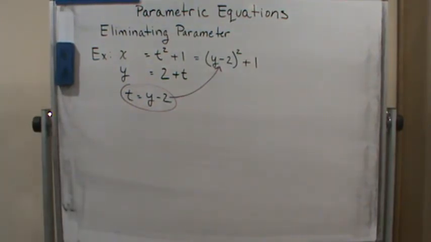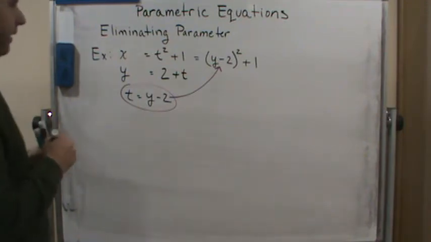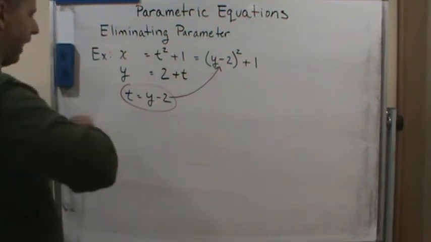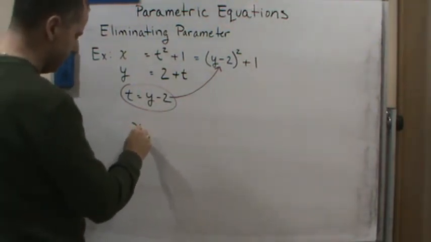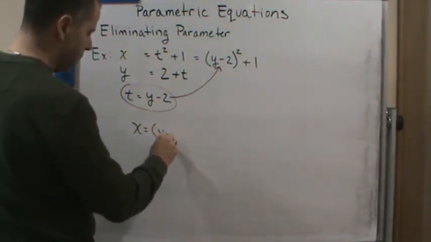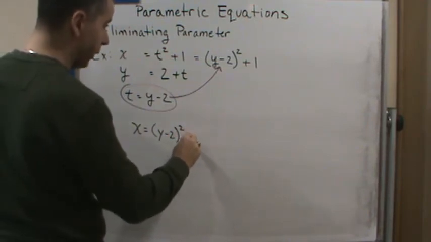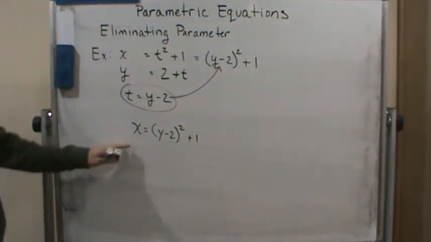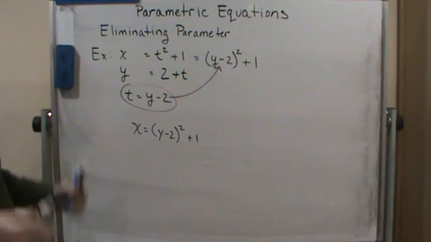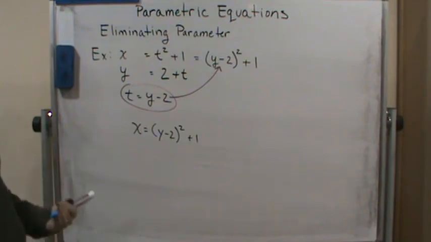I'm eliminating the t variable. Now what do I have? I have x equals y minus 2 squared plus 1. And so now I've got an equation that just has y and x in it. The t variable, the parameter, has been eliminated.